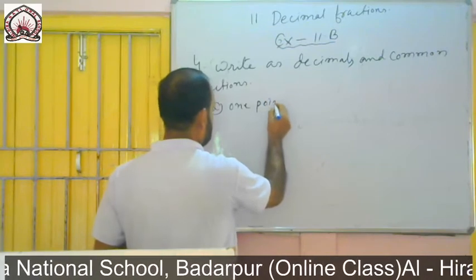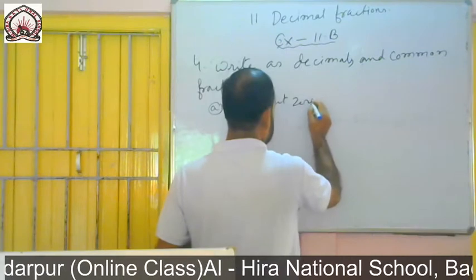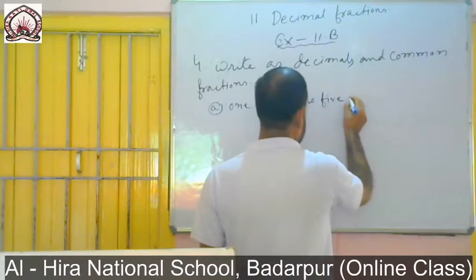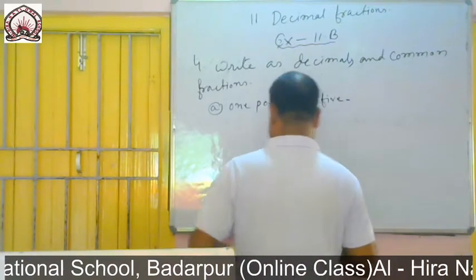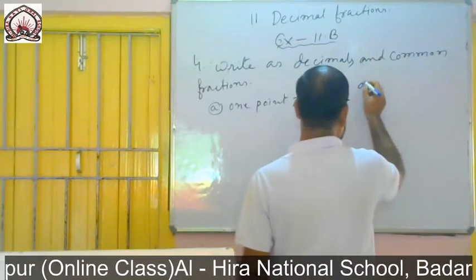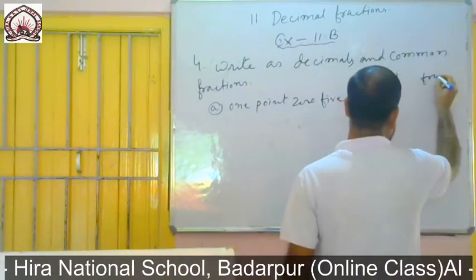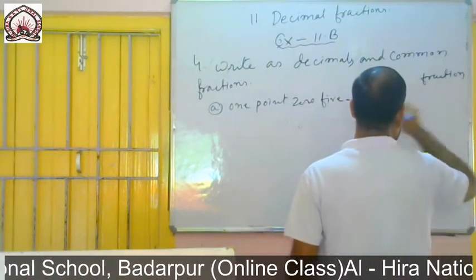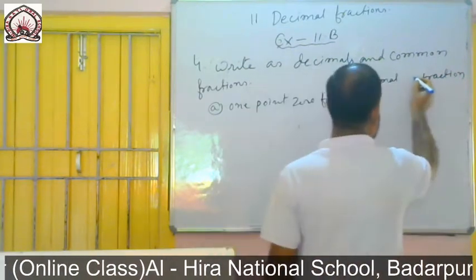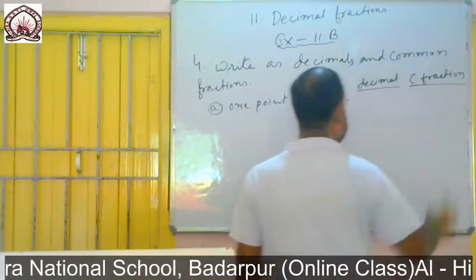1.05. We write first the decimal, then the fraction: decimal and then common fraction. Fraction means common fraction.